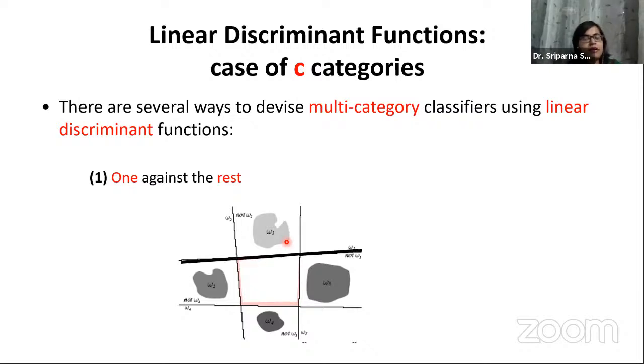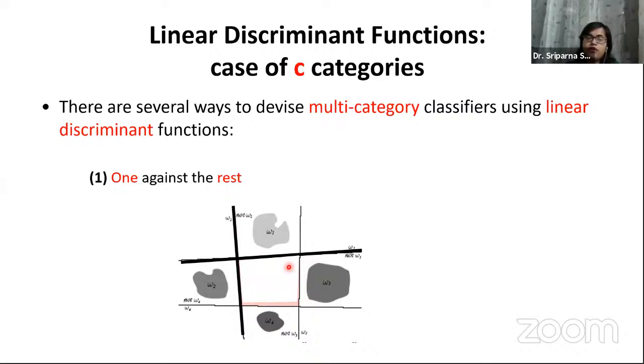So that is one particular hyperplane you can get here that is going to segregate the W1 region from the rest of the region. So you have now decided what is your W1 region and others will be not W1. After that, from this particular region, you have decided what will be your W2. So this will be not of W1 and not of W2.